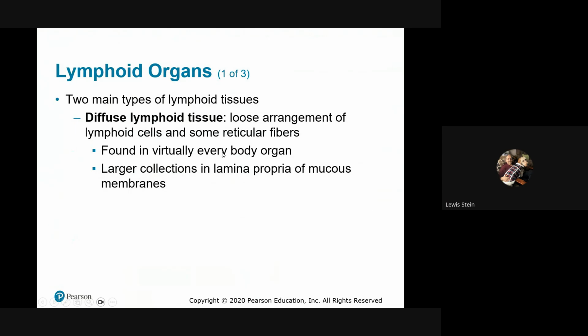So we almost find all this stuff everywhere. There's different types of things. Typically in the layer underneath the mucous membrane, we're going to see a lot of them. You'll see a lot in the gut. You'll see it under the skin. Again, areas where we're in contact with the outside world. And understand, your alimentary canal is outside, not inside your body.